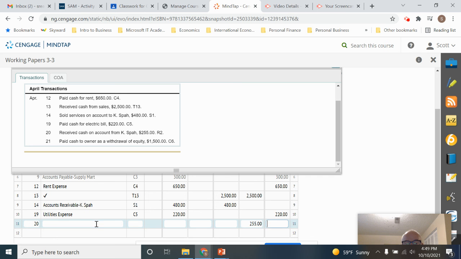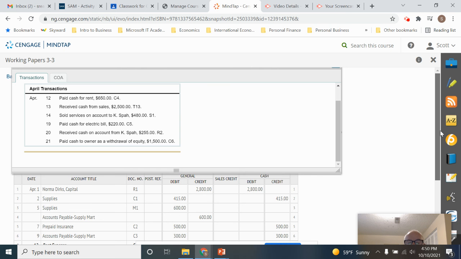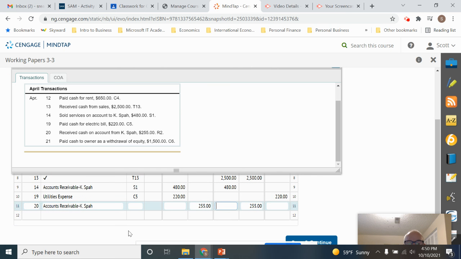Our credit is going to be accounts receivable. And again, it's going to yell at you if you misspell something. We're reducing an asset called accounts receivable for $255. Again, if I scroll back up and look at my account headers, I'm doing a general credit for $255. What's my source document? R2.